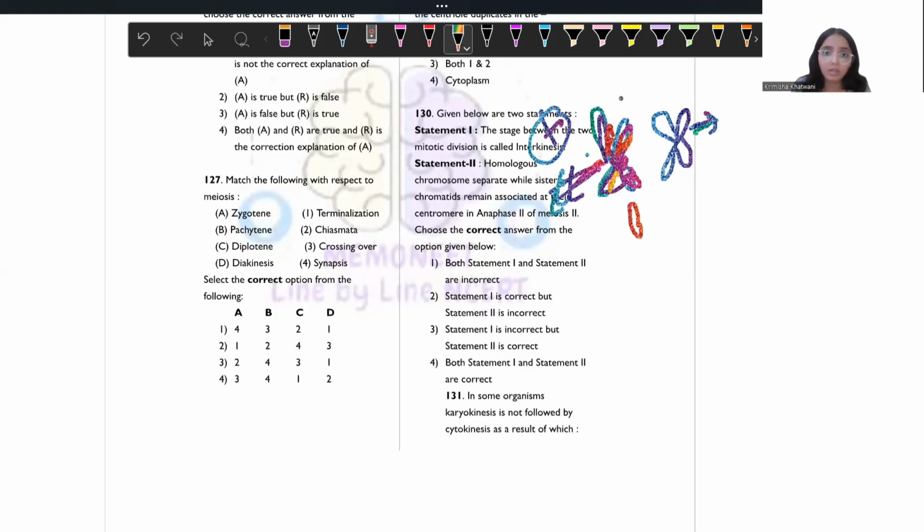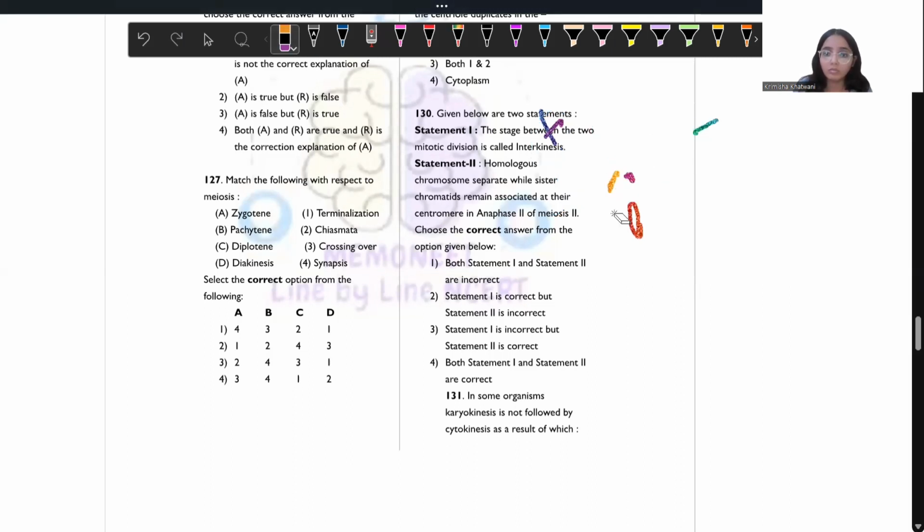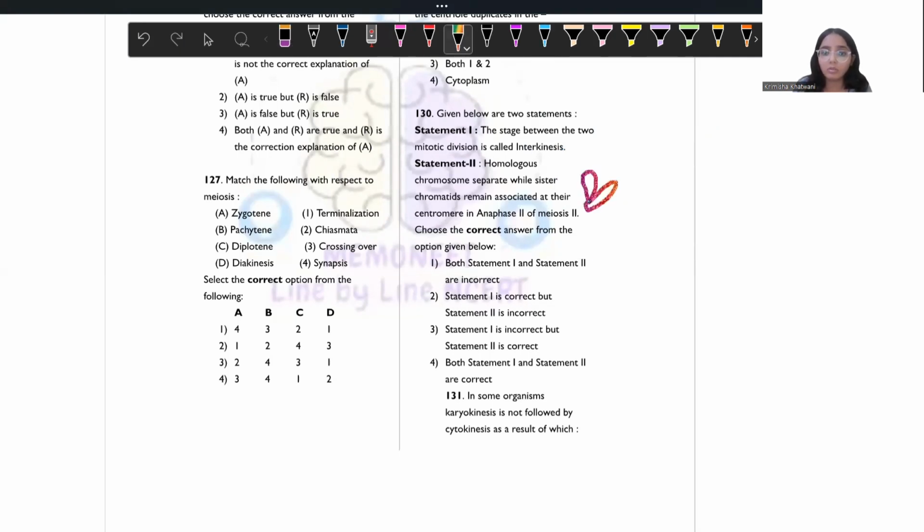I'll tell you in a very simple way. This is one chromosome, this is another chromosome. These two are homologous chromosomes. This is one chromatid, this is its sister chromatid.